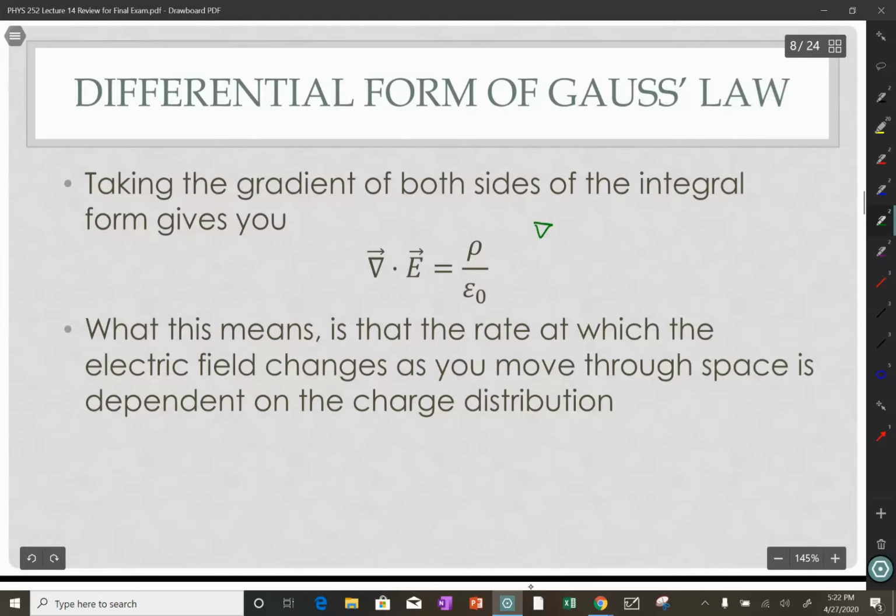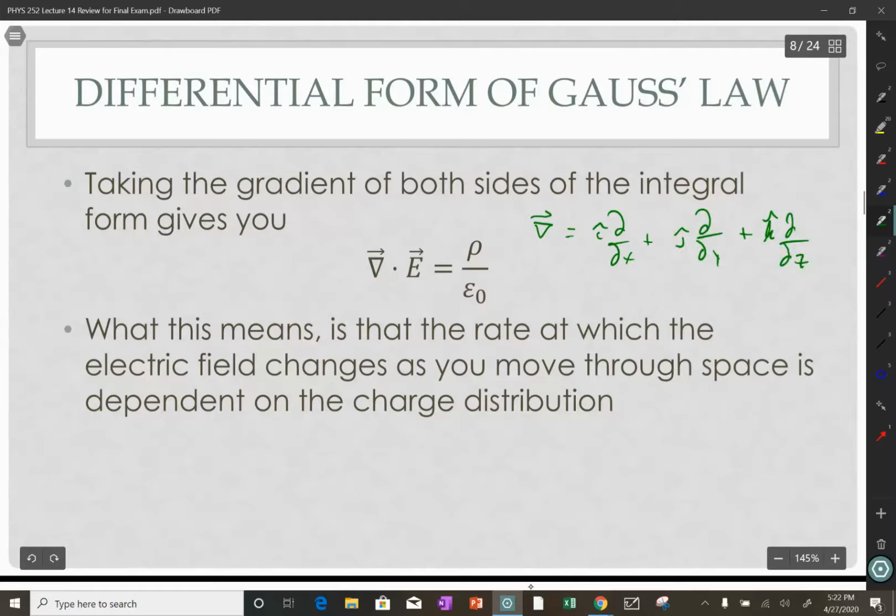Remember, the gradient operator in Cartesian coordinates is i hat d/dx plus j hat d/dy plus k hat d/dz. Partial derivatives.